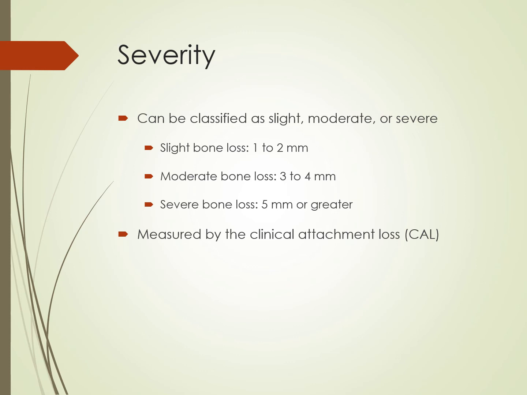Sometimes you can have areas where patients have a lot of recession, so they have a lot of clinical attachment loss, but their tissue seems healthy. It is still considered bone loss in those areas when they have recession. So we still have to count it. So severity can be measured by the clinical attachment loss, which is the distance in millimeters from the CEJ to the base of the sulcus or the periodontal pocket, right?